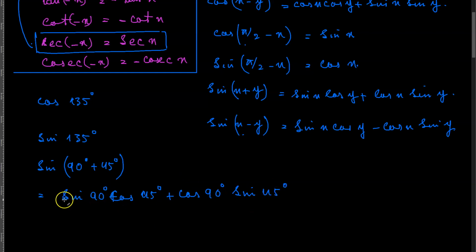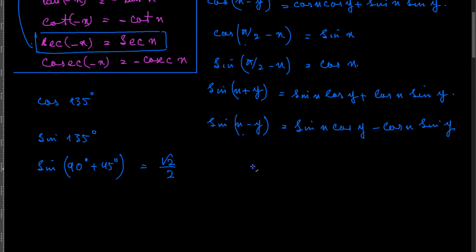Now sine 90 degrees is equal to 1 and cos 45 is square root of 2 by 2. So this is equal to 1, this is square root of 2 by 2. Cos 90 is equal to 0. So this whole thing becomes 0.